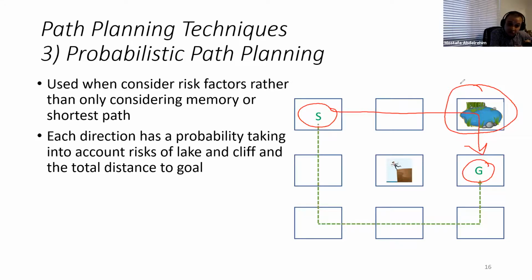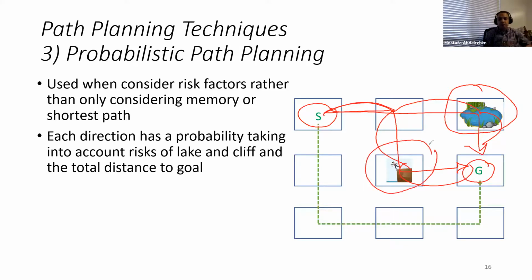Another path that can be considered a shortest path is this way. This is 3 hops: 1, 2, 3. And this is also 3 hops: 1, 2, 3. But the problem with this second path is that you will pass through a cliff, like a mountain or something. So there is also a probability that you may lose your robot. So in probabilistic path planning, we consider these kinds of factors and build a probabilistic model.